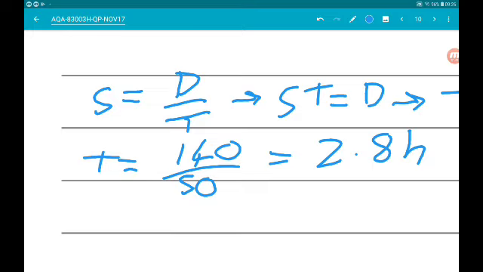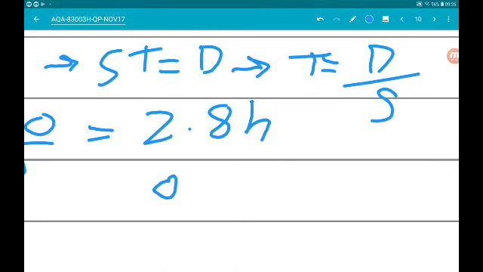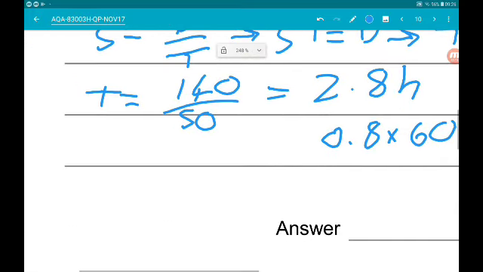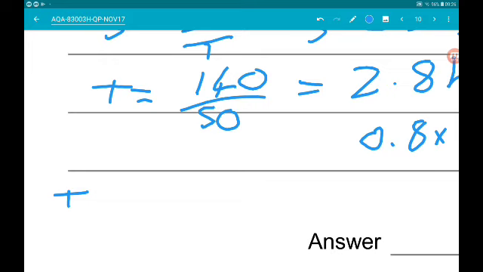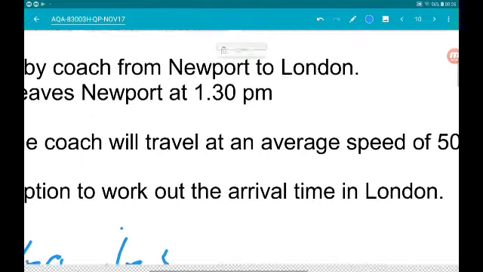Now we need to turn that 0.8 of an hour into minutes. So 0.8 times 60, because there's 60 minutes in an hour, is 48 minutes. So the time taken is 2 hours 48 minutes. Now we're going to leave Newport at 1:30.